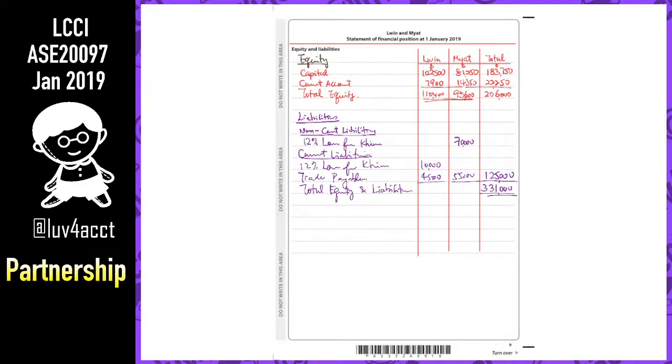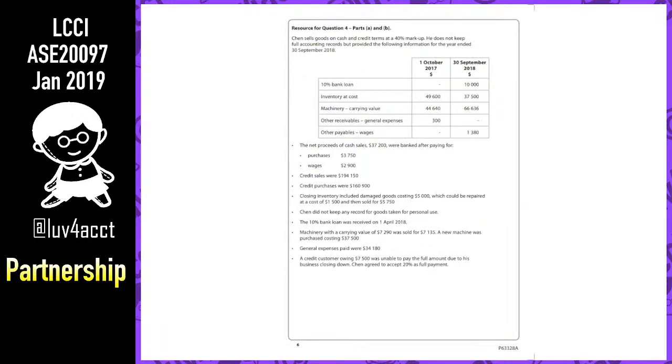Okay, before we have the break, let us scan through the remaining 2 questions. The next question, single entry, or we can also call it sole trader. I will call it single entry.